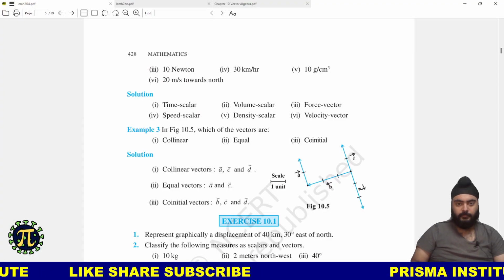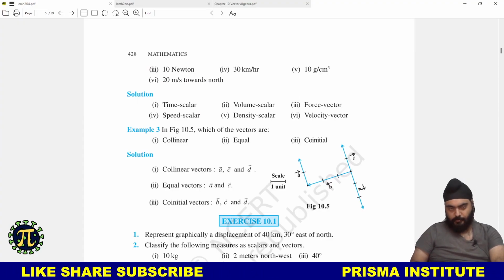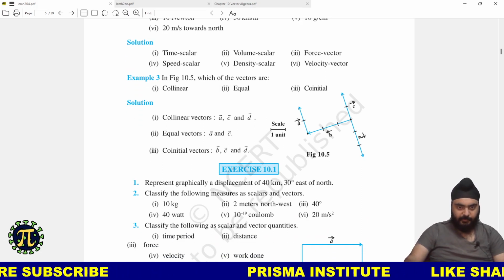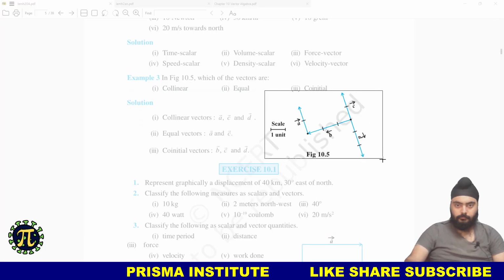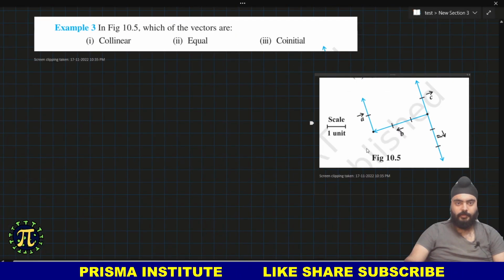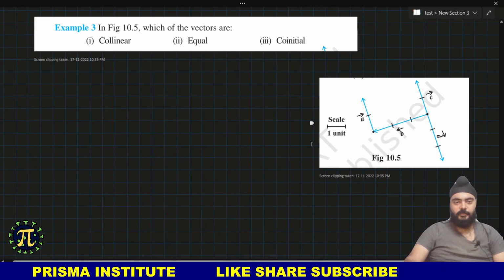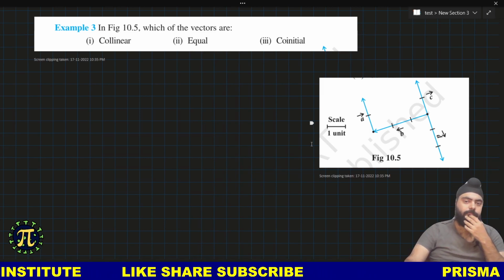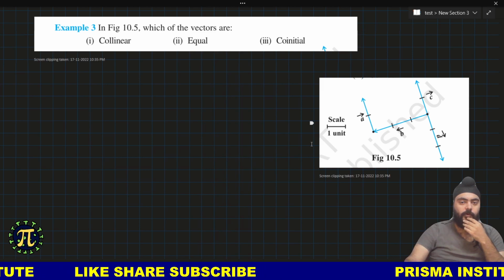Let's go into the third example and take the figure also. In this figure, which of the following are collinear, equal, and co-initial vectors?